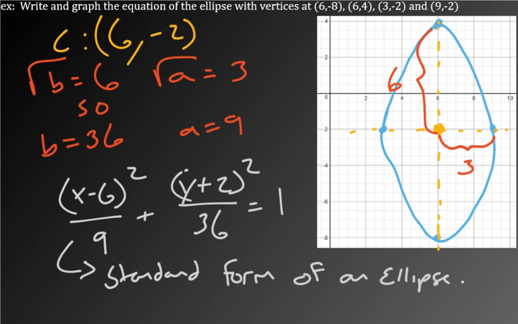It's standard form when this equals 1. There are other ways to write it, but when that equals 1, that is the standard form of the ellipse. And if you plug that into Desmos, it will graph a much more elliptical looking thing than this. But it will graph this ellipse that goes through these vertices.